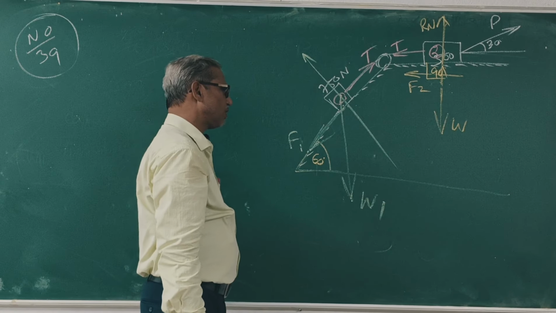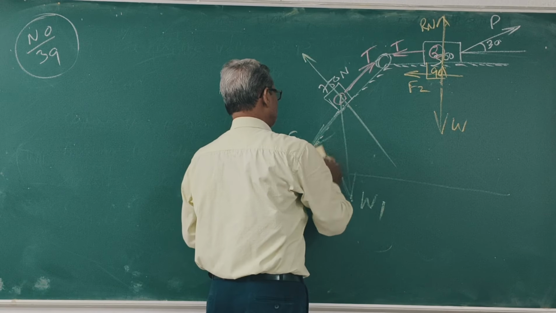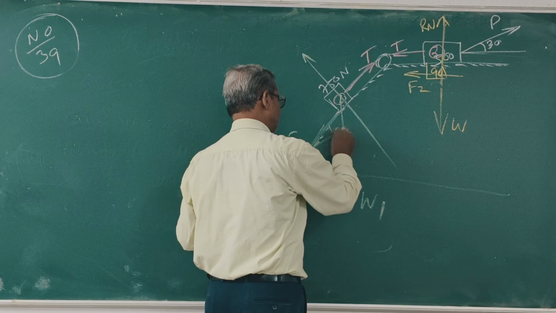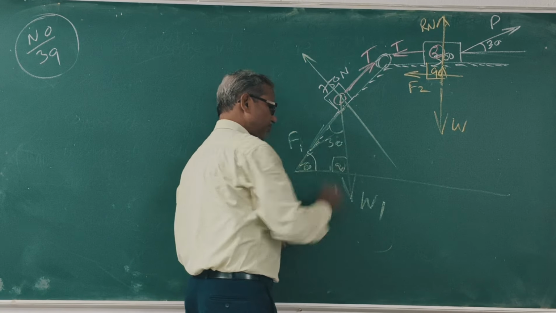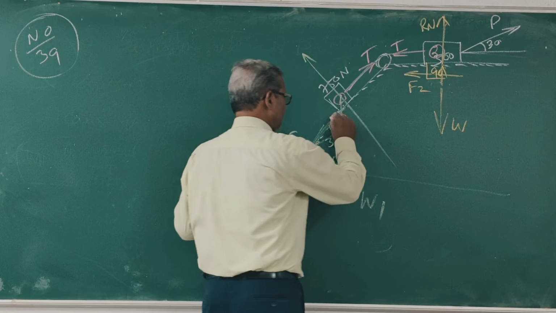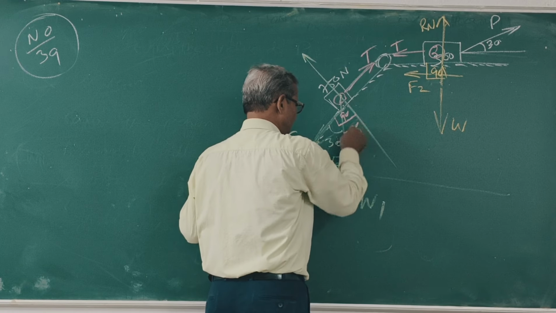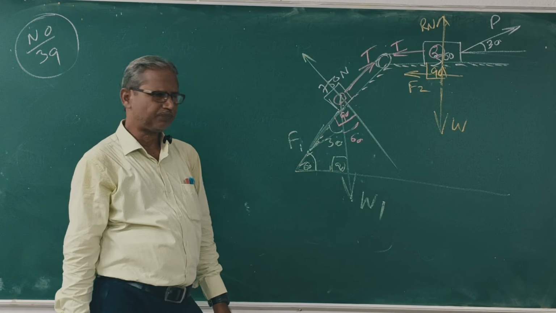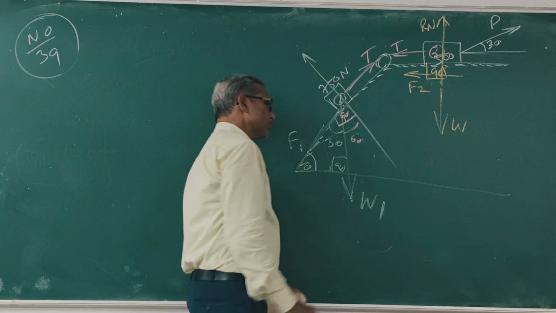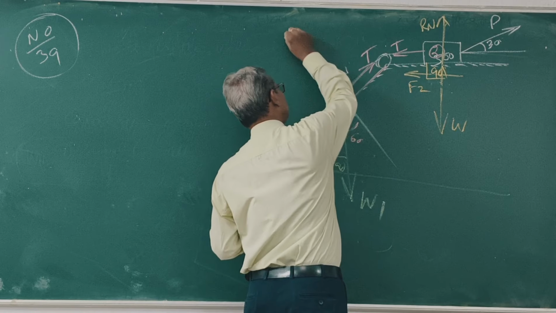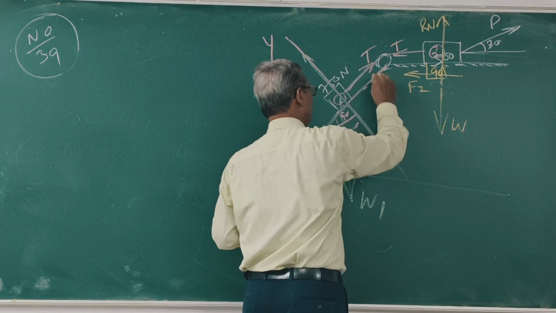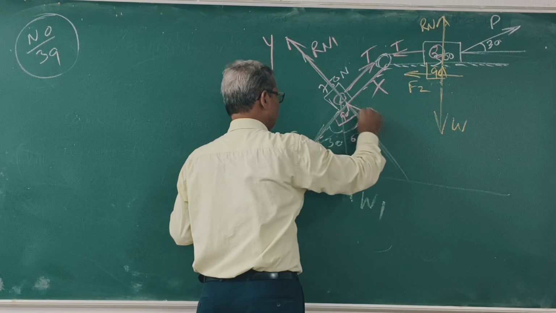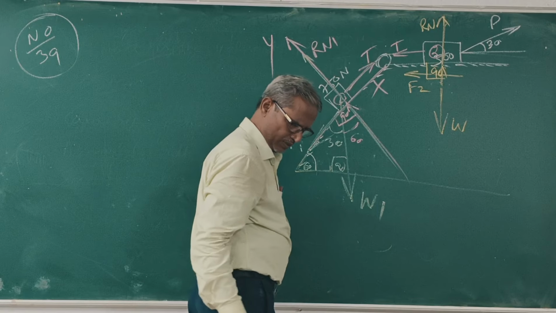Now, for this angle, this is 60 degree, this is 90 degree. What is this? 30. Clear? This is 90 degree. What is this angle? 60. Now, this is x-axis, this is y-axis. This is Rn1. Clear?